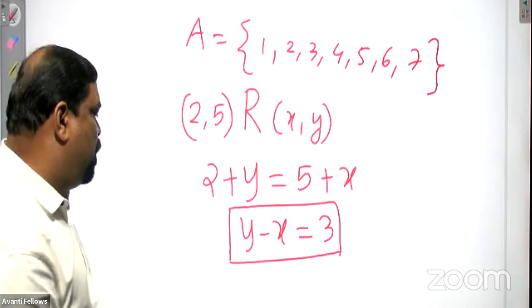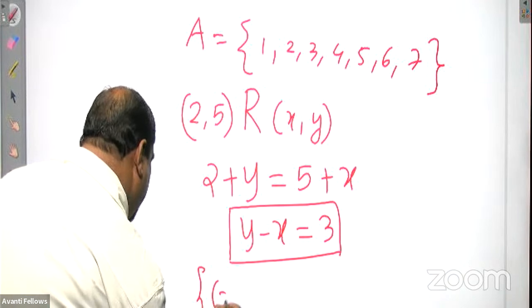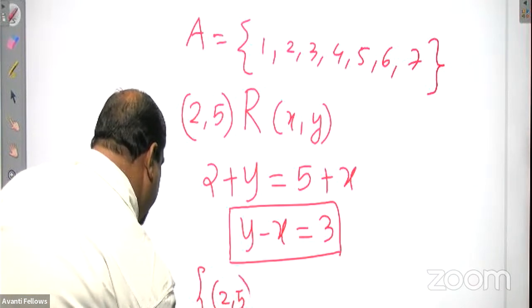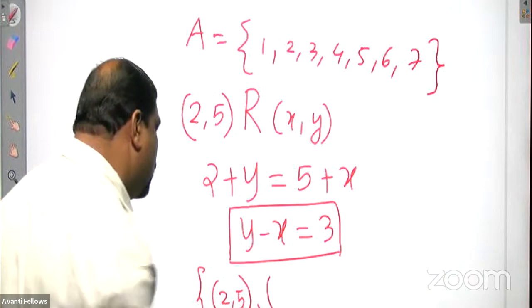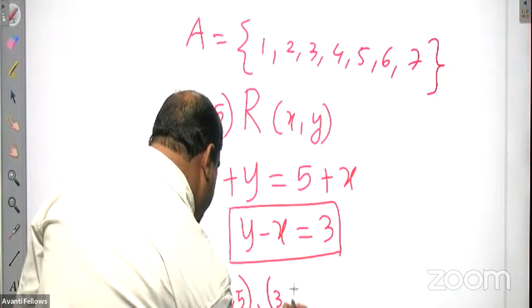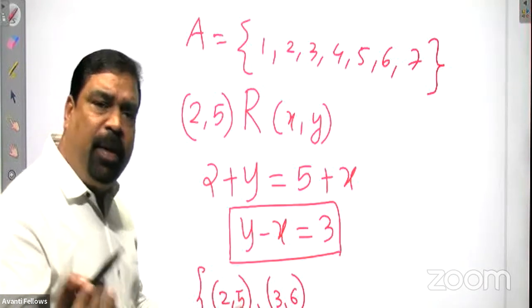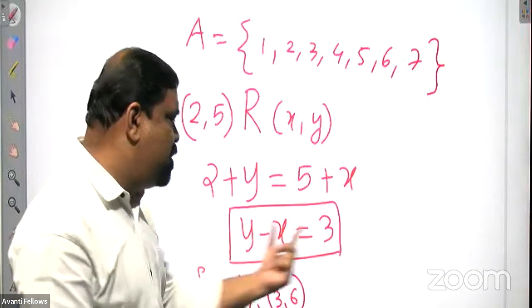Once you got this relation, we can list out the elements now. One element is 2, 5 only. Okay. Therefore, the equivalence class containing 2, 5 means one element will be 2, 5 only. 2, 5 must be there. Then, if I take 3, 6, 6 minus 3 is 3. So we have to list all the elements satisfying this condition y minus x equal to 3.